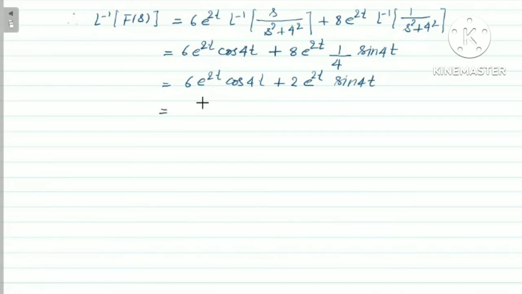You can take 2 e raised to 2t as common, so here will be 3 cos 4t plus sine 4t. So this is your required inverse Laplace transform of the given function. I hope you understood this. Is this easy for you? Yes, you will enjoy doing this.